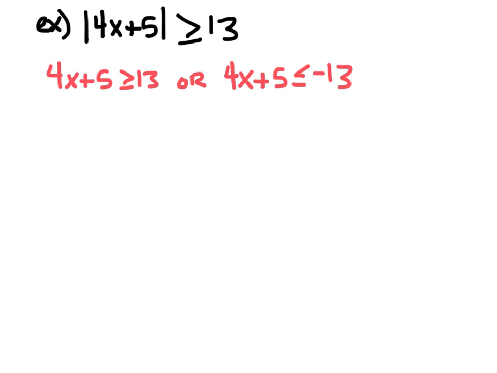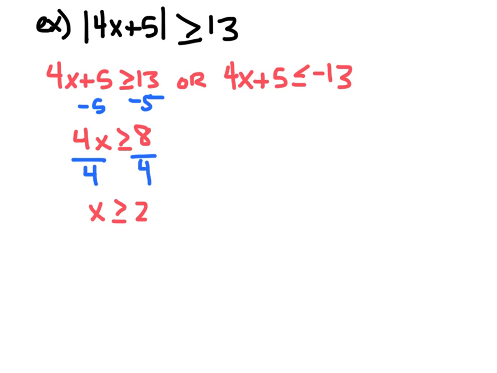Now we just solve each of these. You subtract 5. 4x is greater than or equal to 8. Divide each side by 4. We have x is greater than or equal to 2.